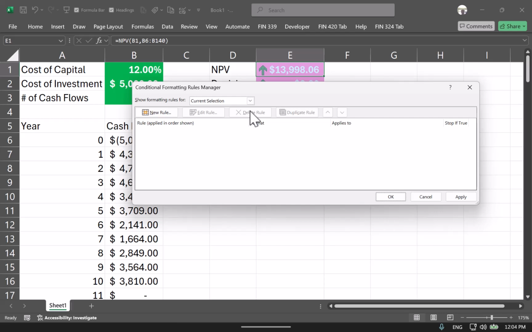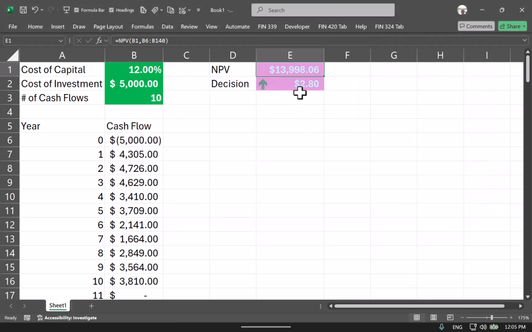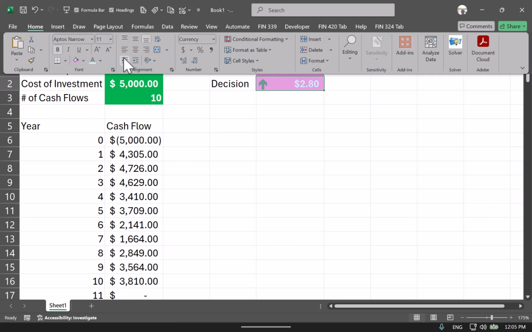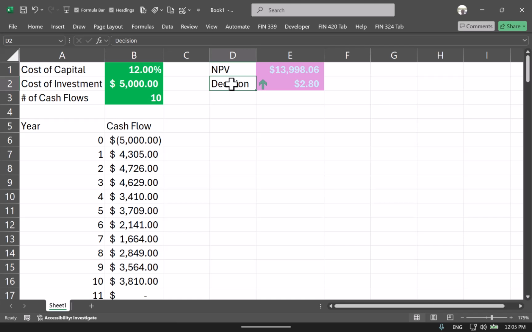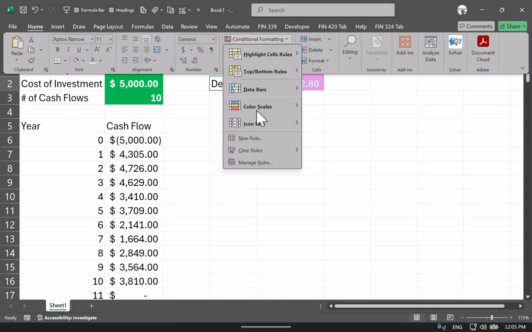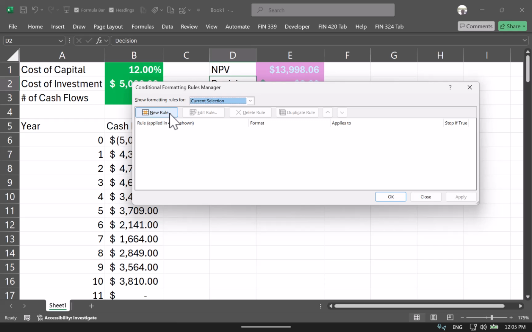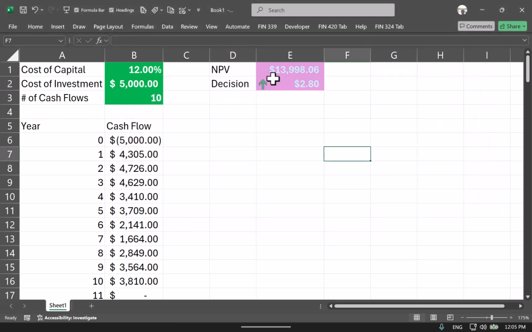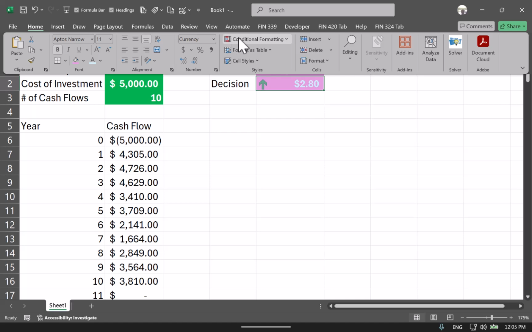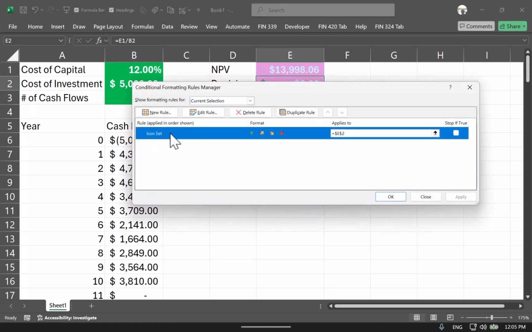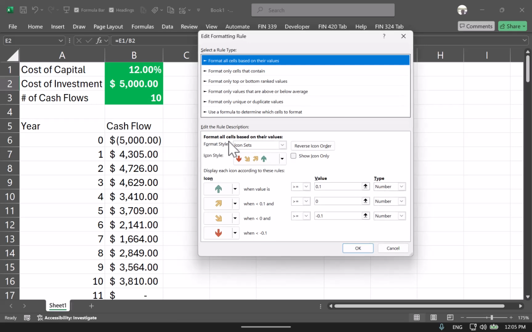Oh, what happens? I'm just going to show the icon only.